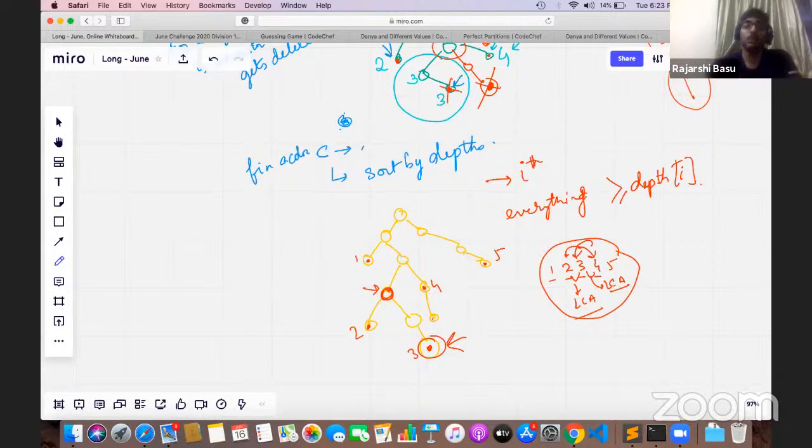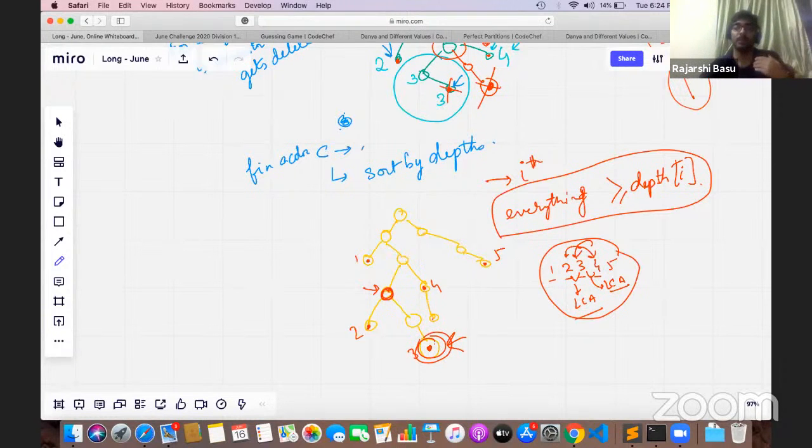Why is this true? Firstly, this condition should be self-sufficient because you will only get kicked out when there is something of lower depth. Sorry, I think the inequality sign should have been less than or equal to, my bad. Something that has lower depth can kick you out, but something with greater depth cannot kick you out of the representative set.